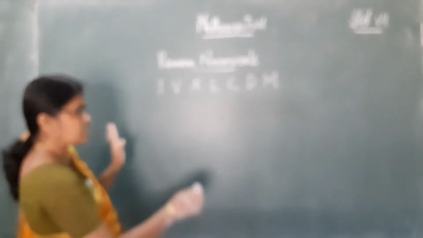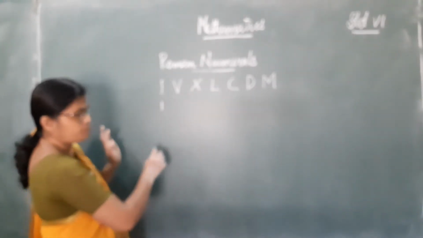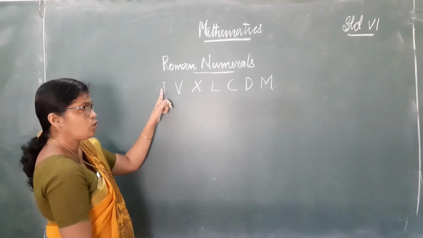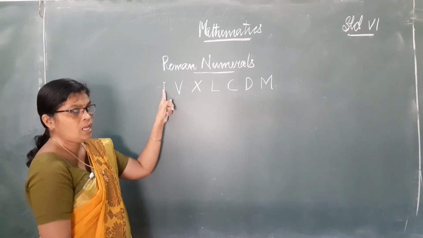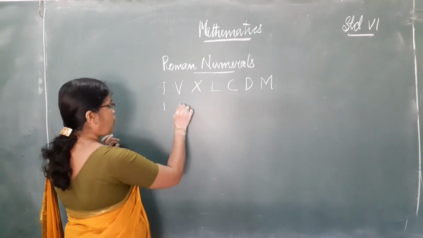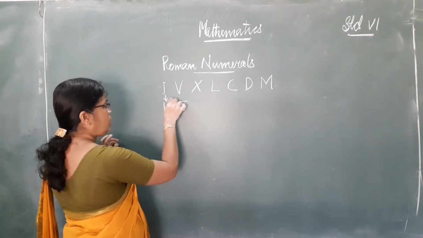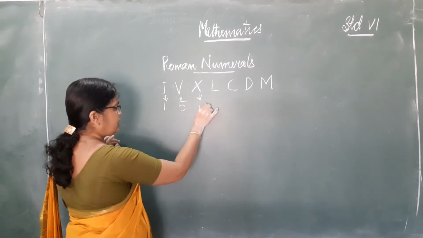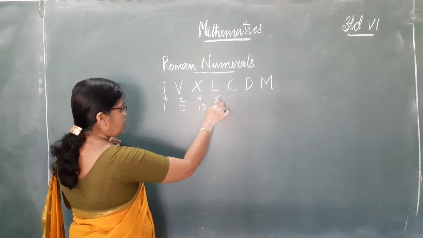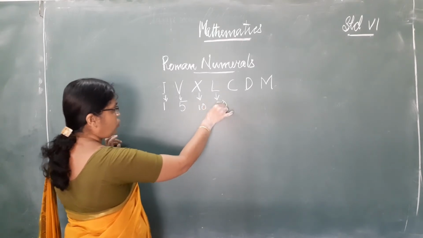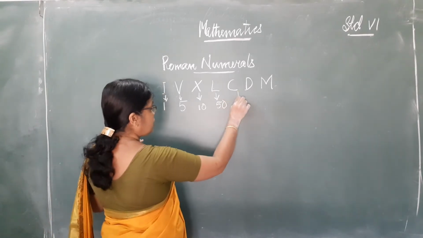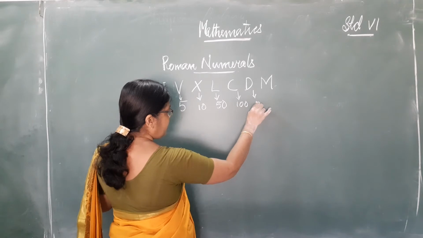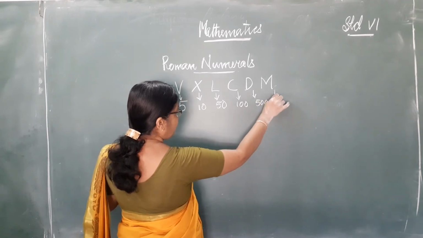So, I means number 1. In the Roman numerals, we use this symbol I for 1. Then V is 5, X is for 10, L is for 50, C is for 100, D is for 500 and M is for 1000.